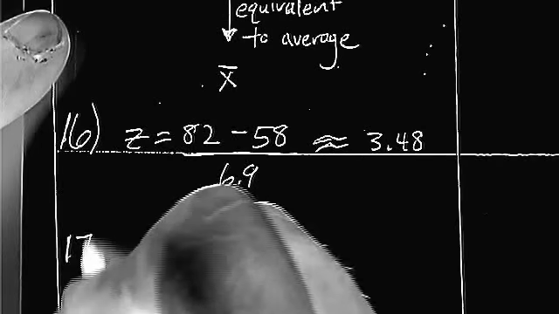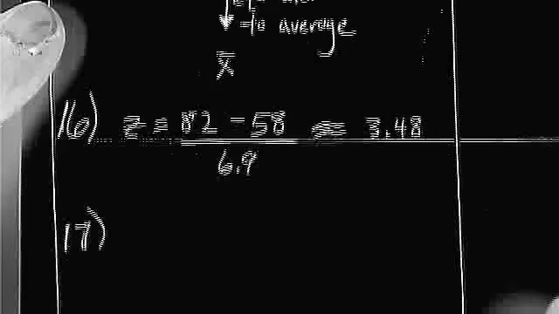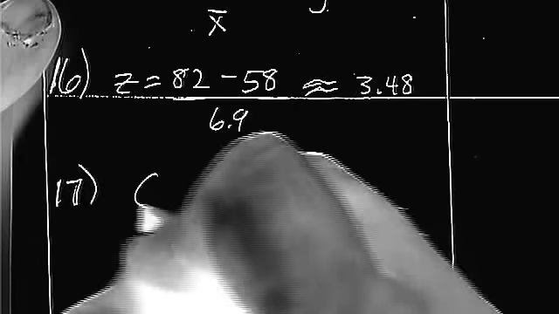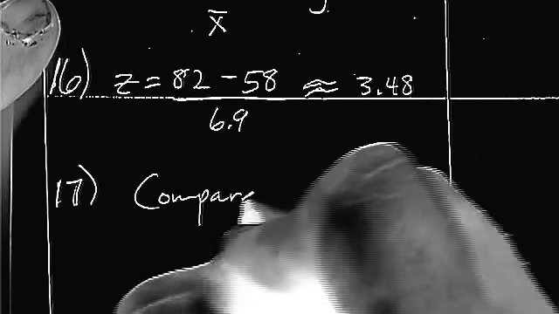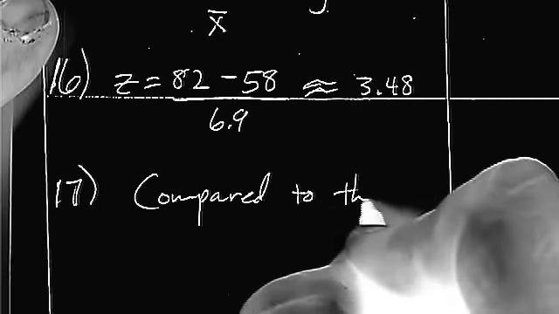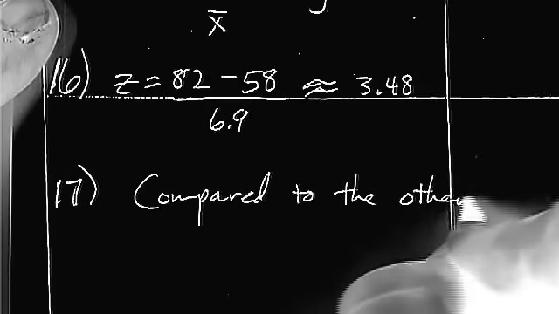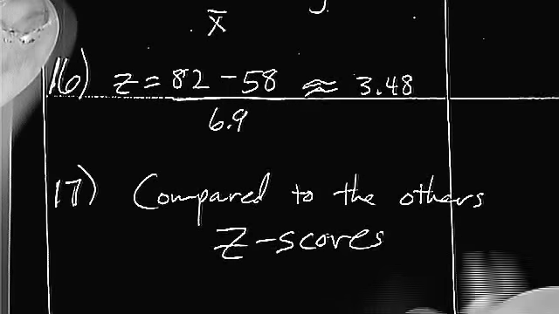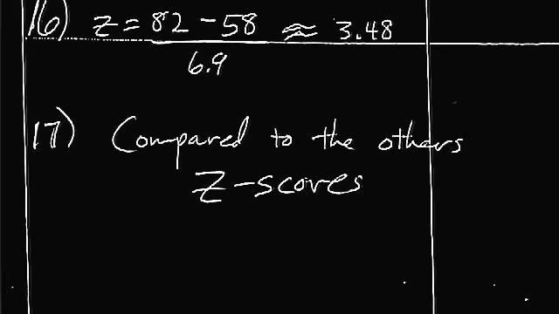Question 17 in the book says, on which test did Rick do better compared to the others? I want you to notice that phrase, compared to the others. As soon as you see that phrase, you should be thinking about z-scores, because that is a critical phrase for telling you that you need to be dealing in z-scores.